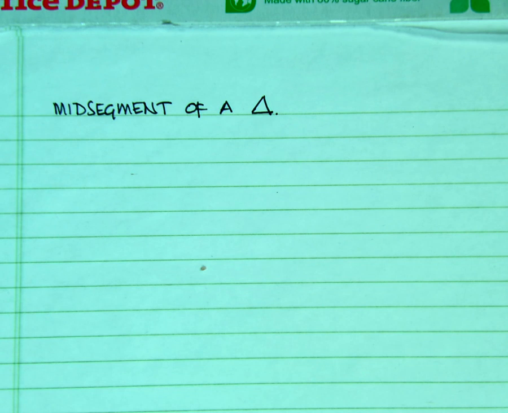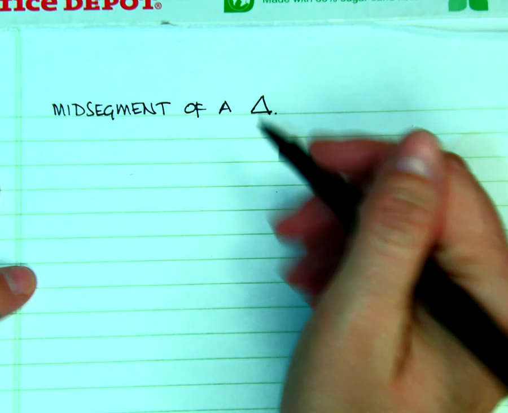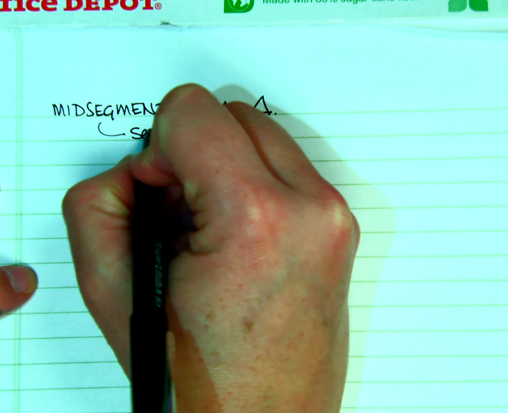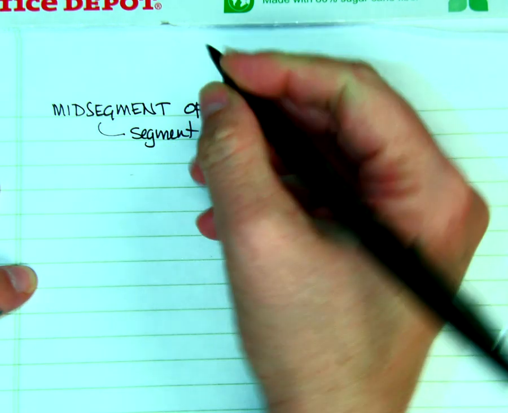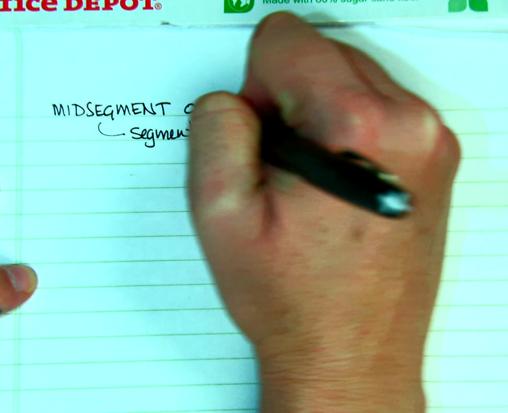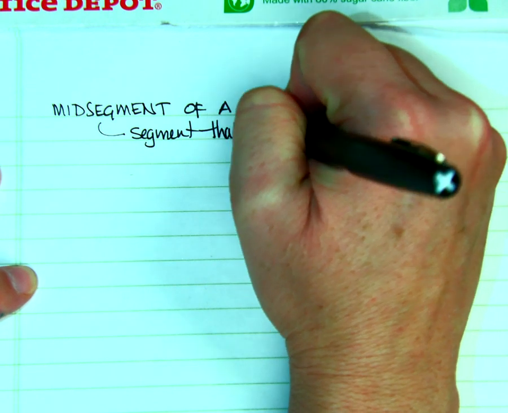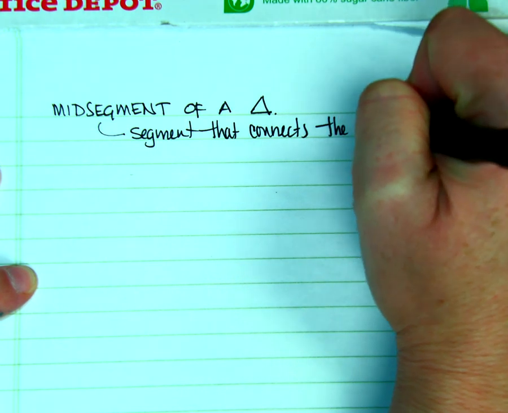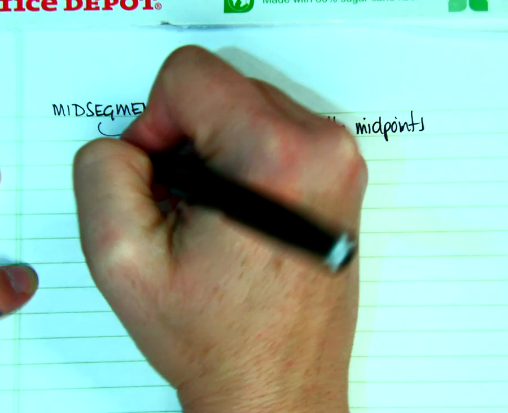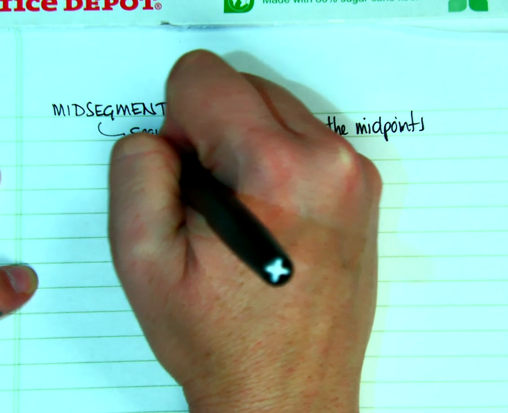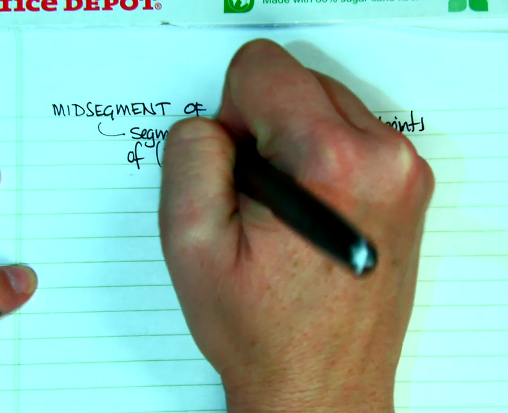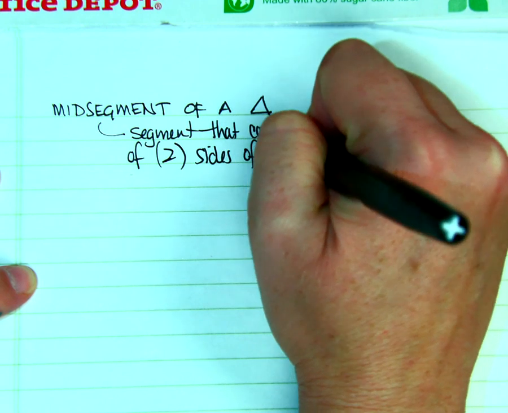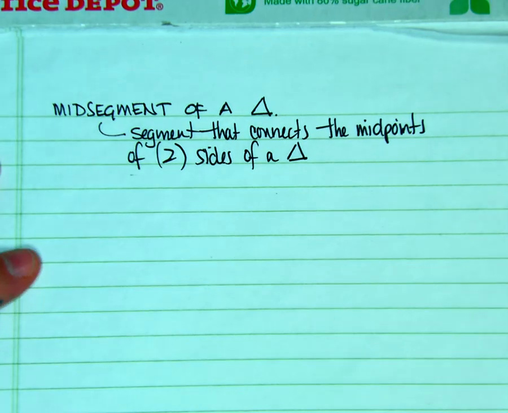By definition, it is a segment that connects the midpoints of two sides of a triangle. Okay, so that is the definition of it.